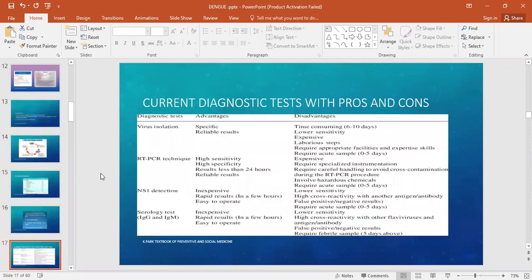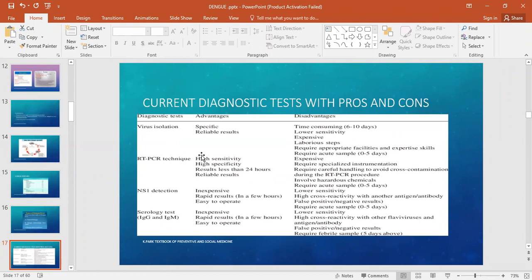Current diagnostic tests with pros and cons. A diagnostic test for detecting dengue fever is virus isolation. The advantage is that this test is specific and gives reliable results, but it is also time consuming, has lower sensitivity, is expensive and laborious, requires an appropriate facility and expert skill, and requires an acute sample within 0 to 5 days.